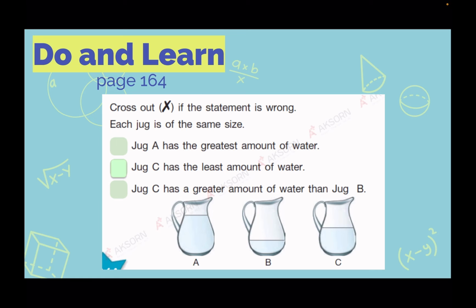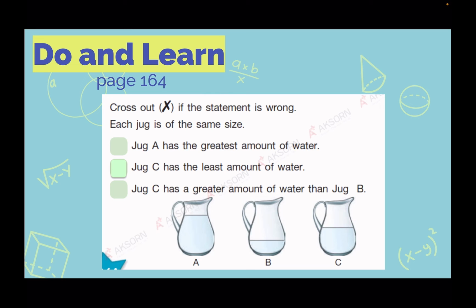We're going to check if the statement is wrong, and then we're going to cross it out. So each jug is the same size. It means that jug A, jug B, and jug C have the same size. They are all the same, okay?